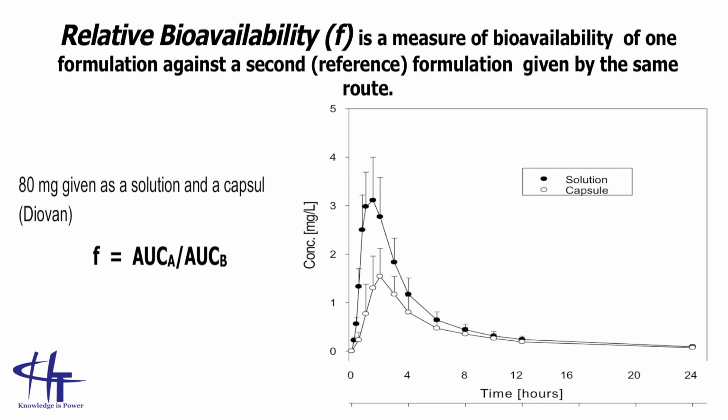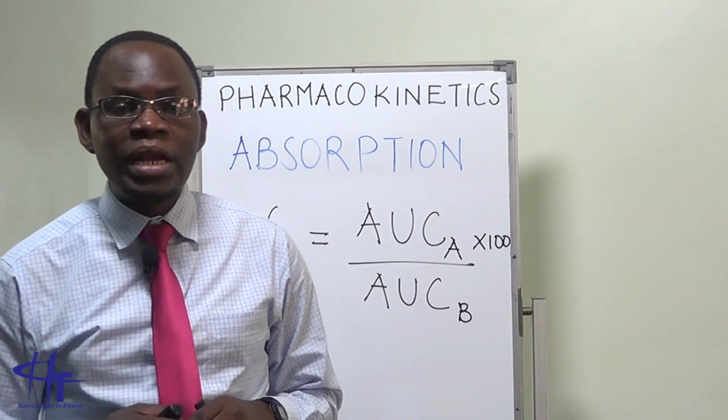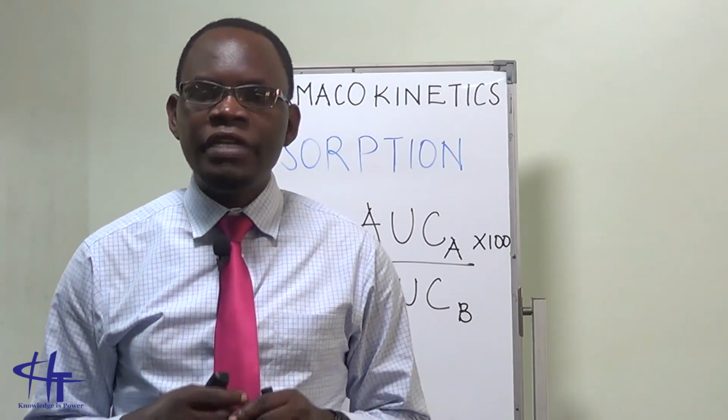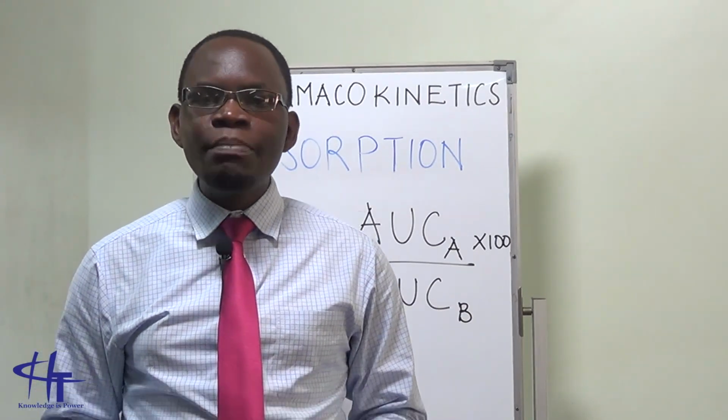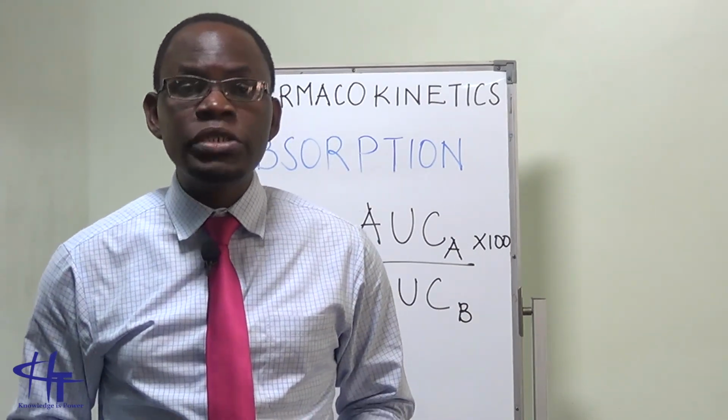The point to take home here is that you have the same route, but you're comparing two different formulations to determine the bioavailability. So you're determining one against the other. That's what we refer to as the relative bioavailability.